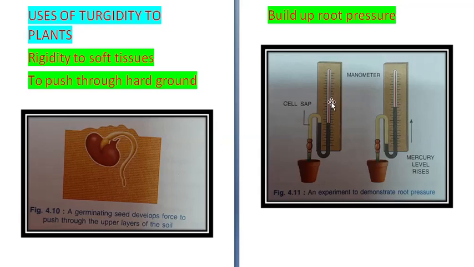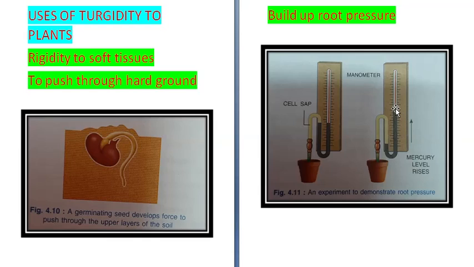So the rising water can raise the mercury filled in a connected manometer. We have connected this manometer to this, with a rubber tube and glass tube, and we have cut this plant from its stem. The initial reading of the manometer was this, and after cutting it, you will find that the level in the manometer, see from here, has been raised to this level.